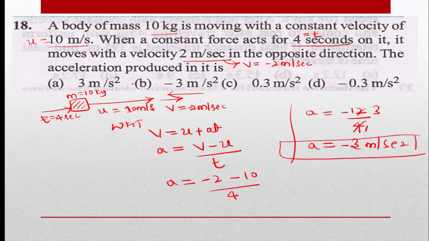The acceleration produced in the body of mass 10 kg moving with a constant velocity of 10 meter per second. The right answer is option D, that is minus 3 meter per second square.